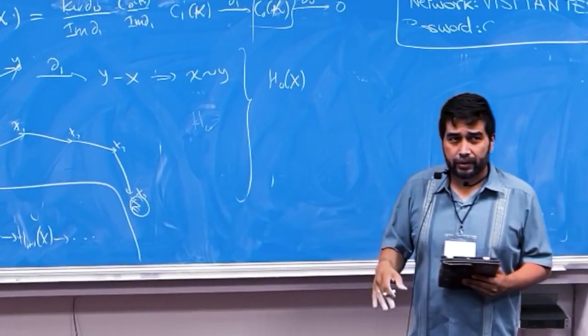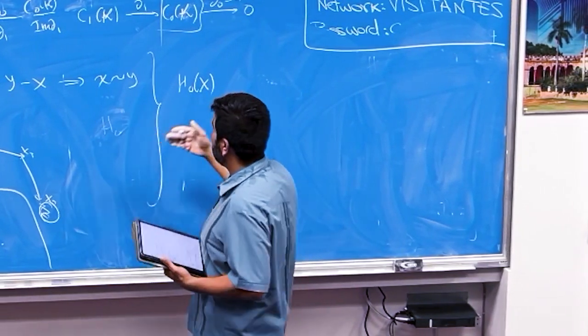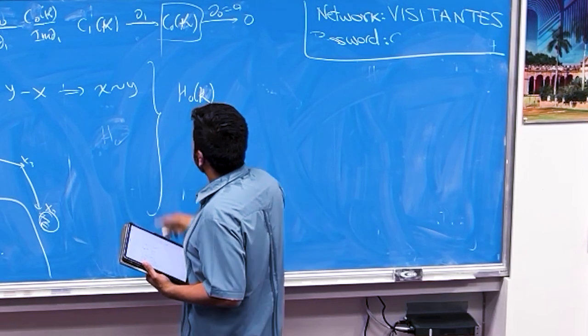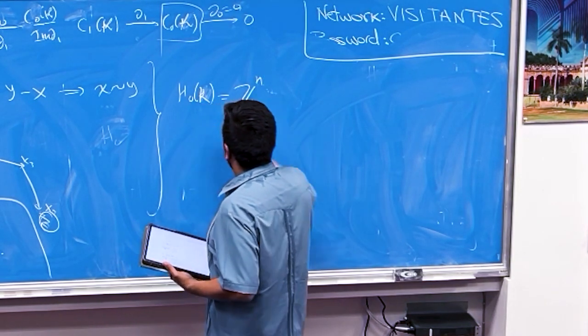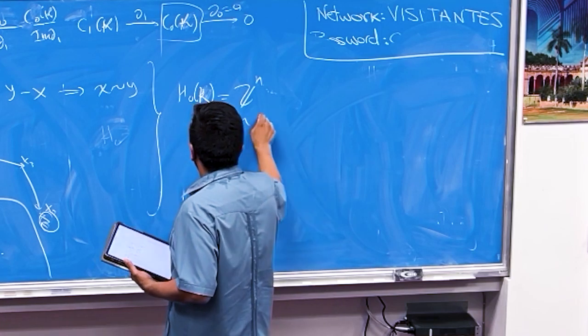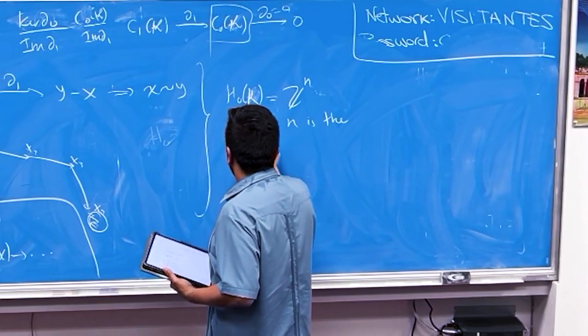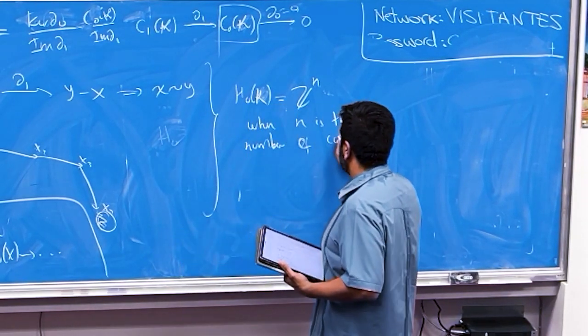I don't want to do all the actual computations, which are not really hard, but this is for the case of simplicial complexes. This means that H0 of K is C to the n, where n is the number of connected components.